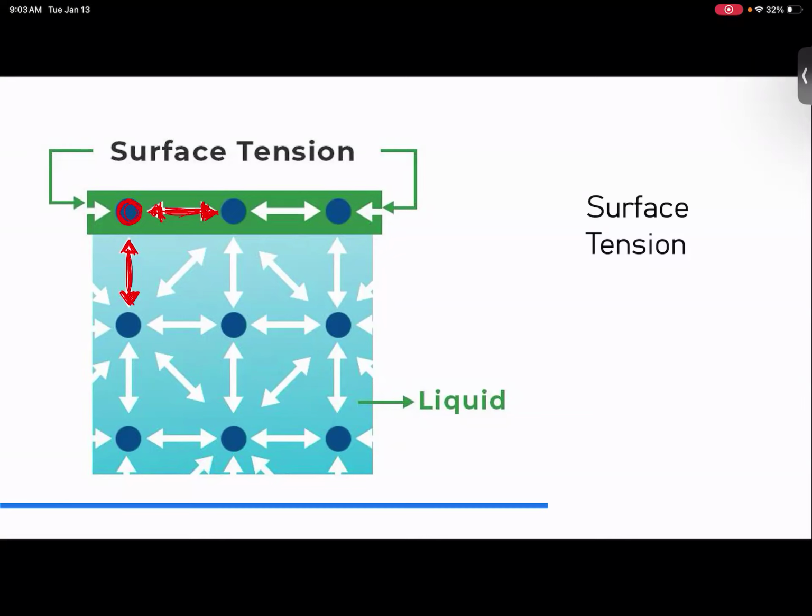It's attracted to the one on the bottom. And technically, even though it's not shown, this one is attracted to that one. And over here, we'll have one that's attracted to it. So surface tension is based off of those attractions. The stronger those attractions, the greater the surface tension. This is why critters can walk on water, because of the surface tension.